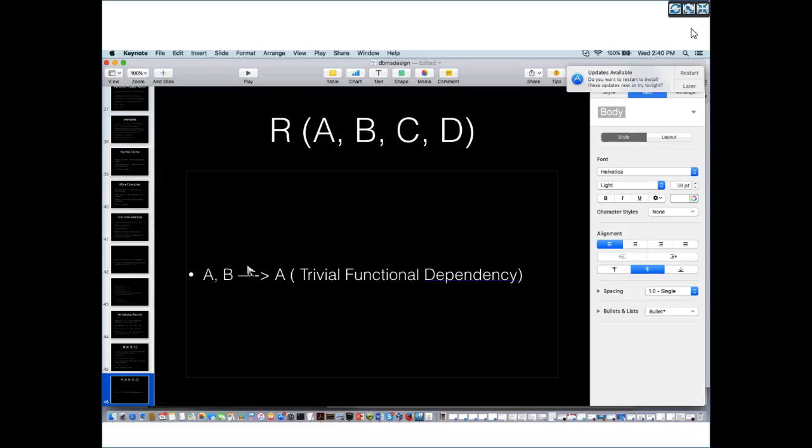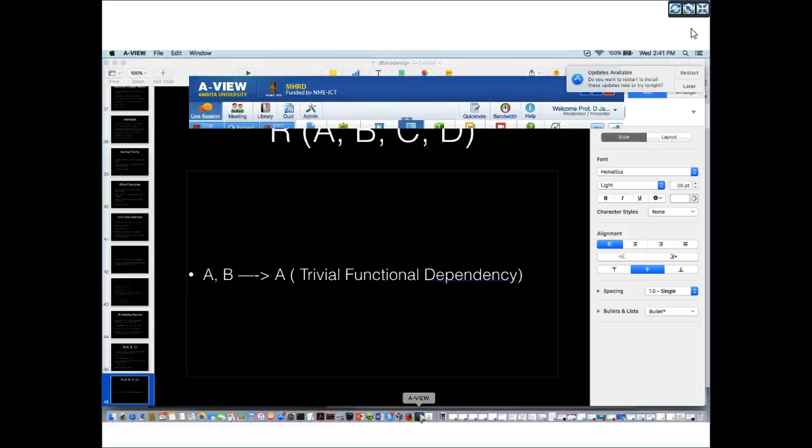Given a functional dependency, you can clearly write a lot of these trivial functional dependencies here: AB determines A, AB determines B, ABC functionally determines AB. All these dependencies can be written.